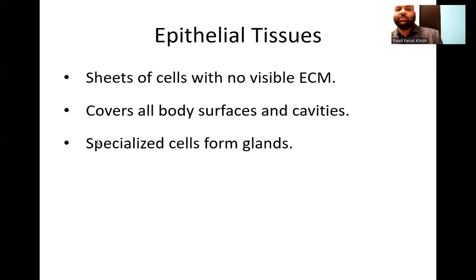So epithelial tissue is sheets of cells with no visible extracellular matrix. Now you're describing their histological structure. These are sheets of cells with no visible extracellular matrix, and they cover all the body surfaces and the cavities.